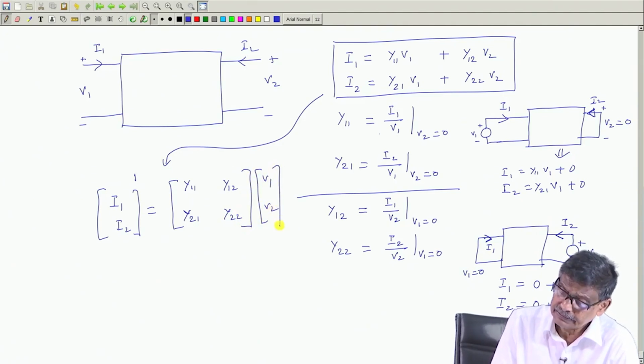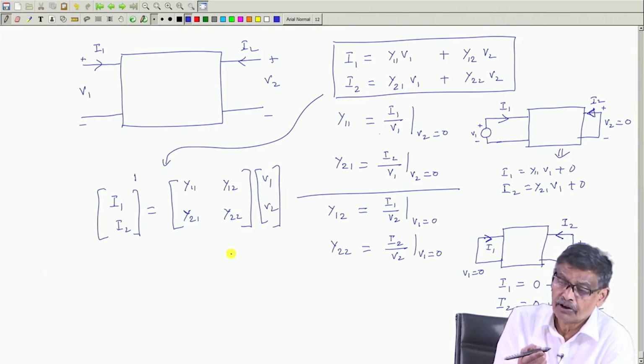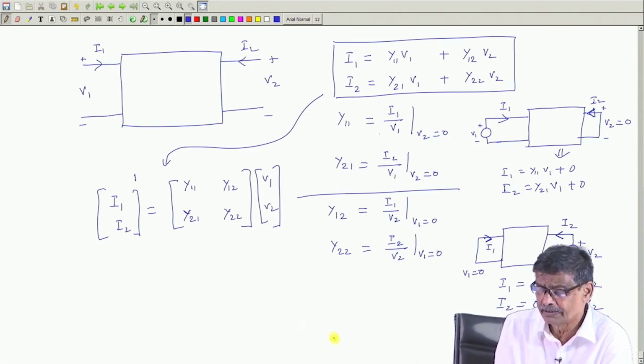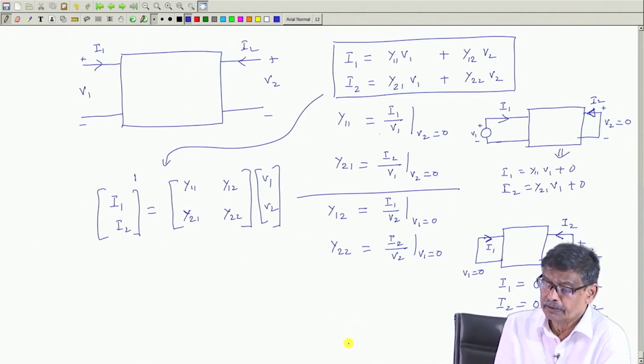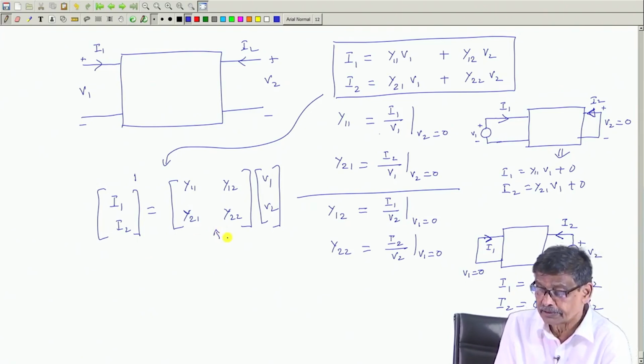That is the same network for which we found Z parameters; they can also be expressed in terms of admittance parameters. So, these are called Y parameters.